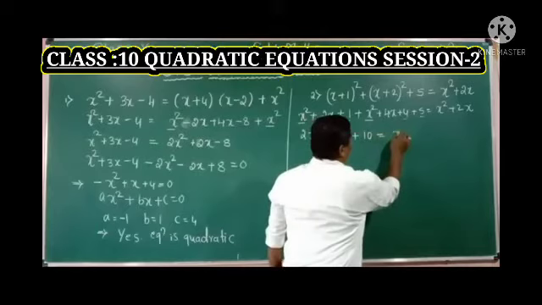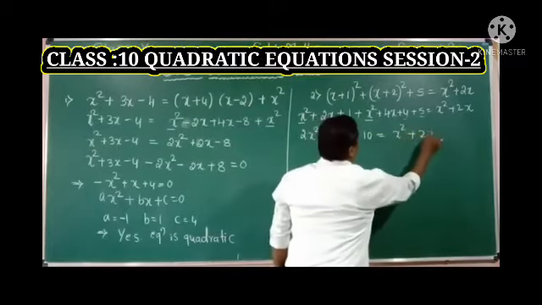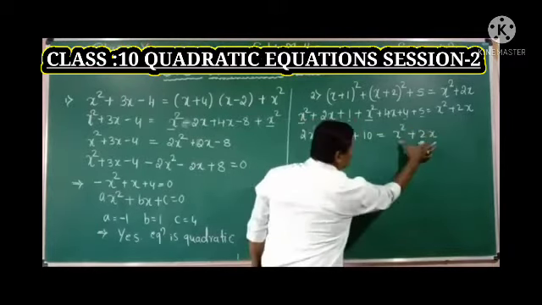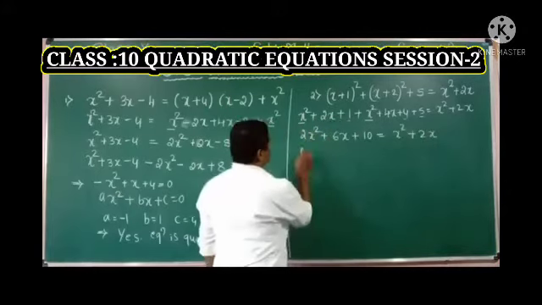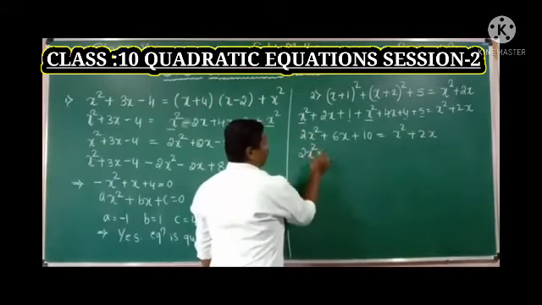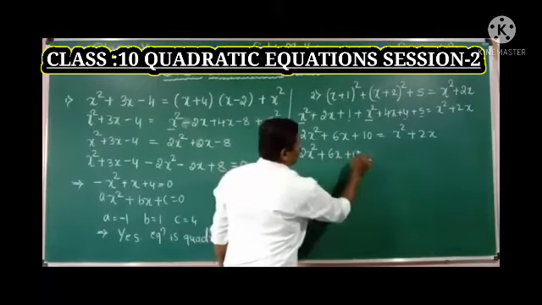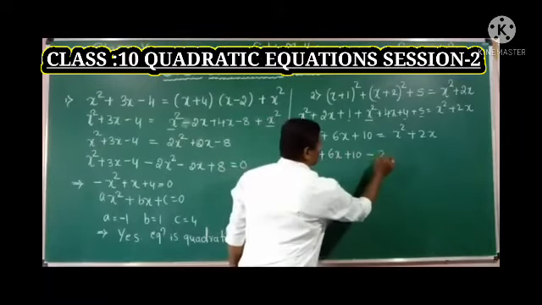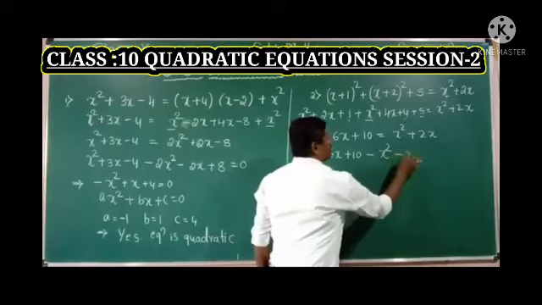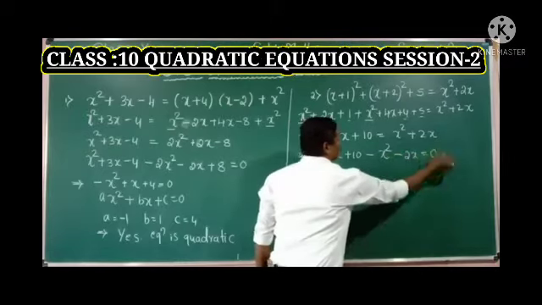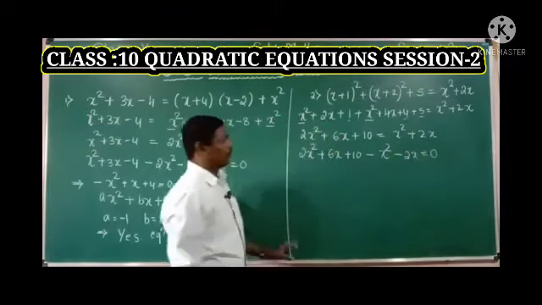That is equal to x square plus 2x. Now take these two terms to the LHS. 2x square plus 6x plus 10 minus x square minus 2x is equal to 0.